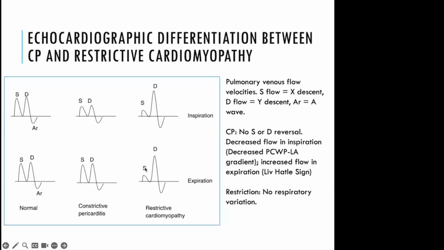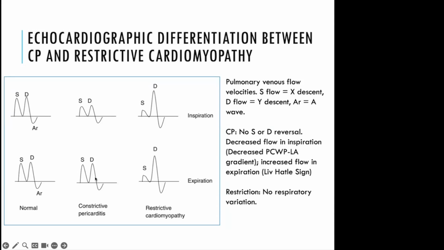This looks at flow from the pulmonary vein into the left atrium. With expiration, we increase flow towards the left heart for all the reasons that we talked about. This is actually considered the Hatle sign, where we get this increased flow in expiration.